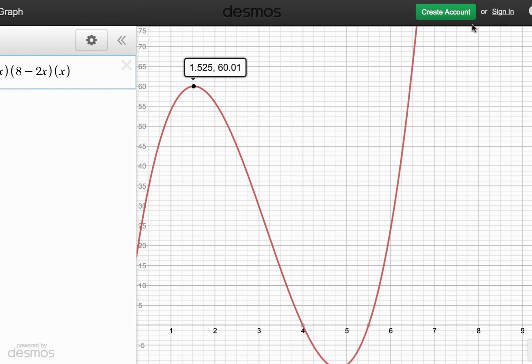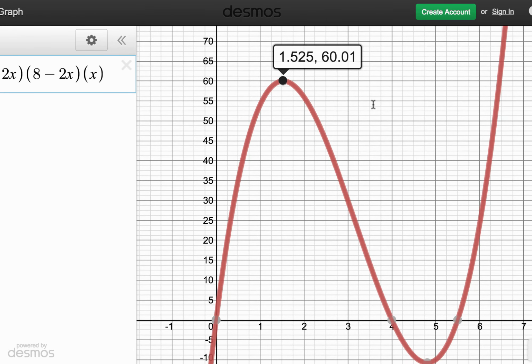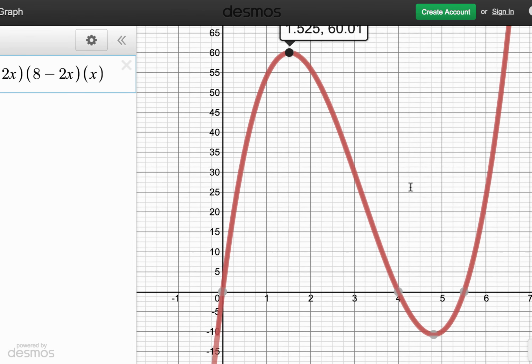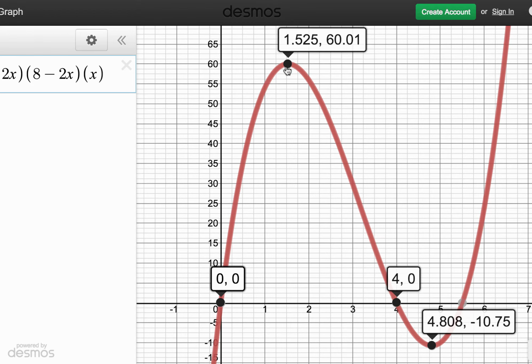All right. And one other thing, I'm going to put this on projector mode. There we go. That's a much better picture. All right. So, because it's Desmos, I'm going to highlight my relative maxima, my relative minimum, and my zeros. And now let's take a picture of this.